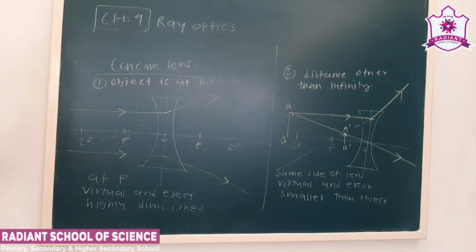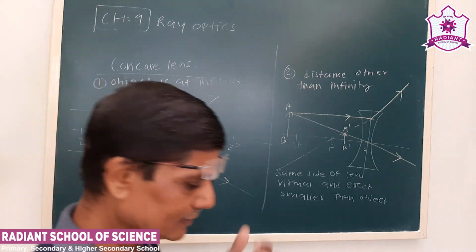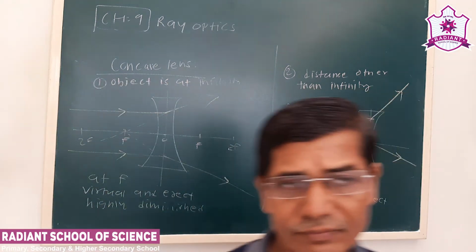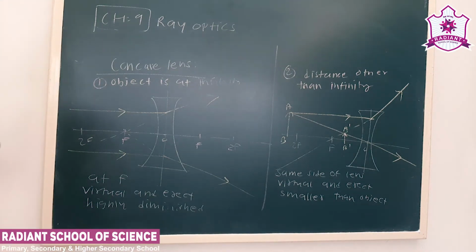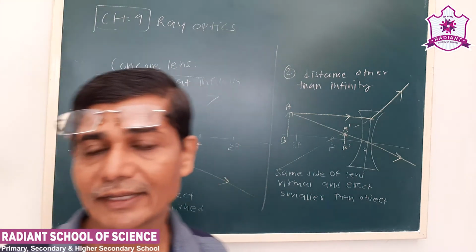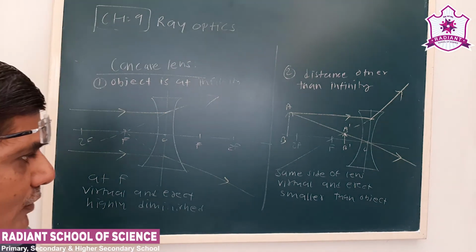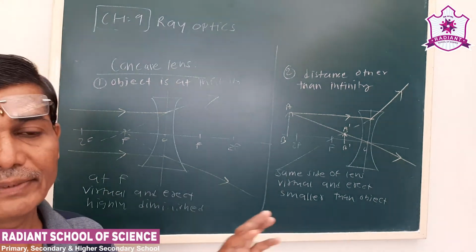So this is how the image is formed for a concave lens. For the convex lens we discussed 6 different positions, whereas for the concave lens there are only two conditions. The image formed by a concave lens is always virtual, erect and smaller than the object, so the magnification will be less than 1.